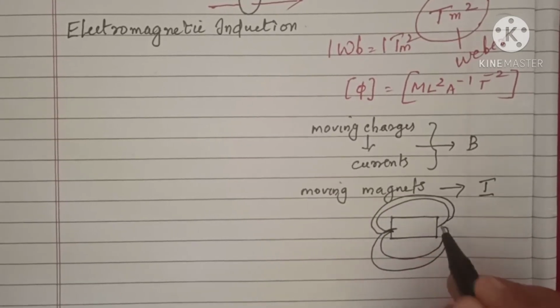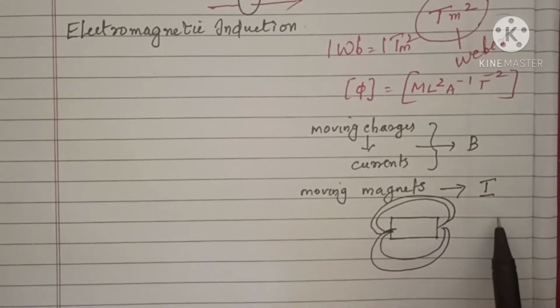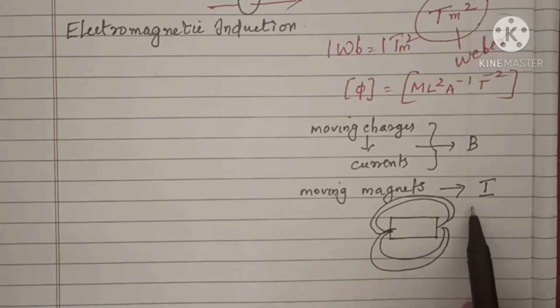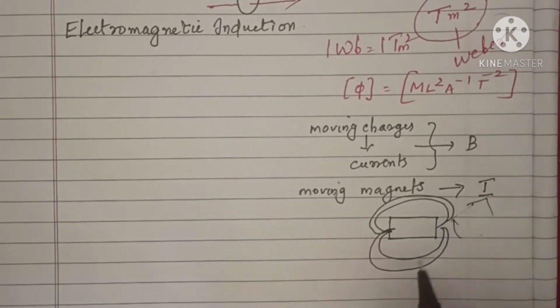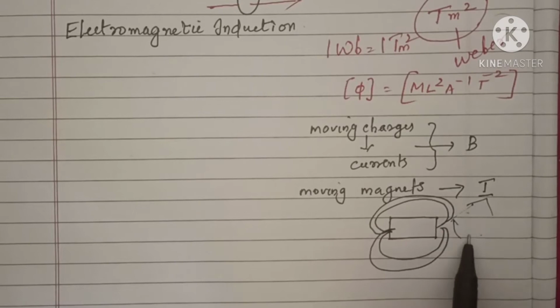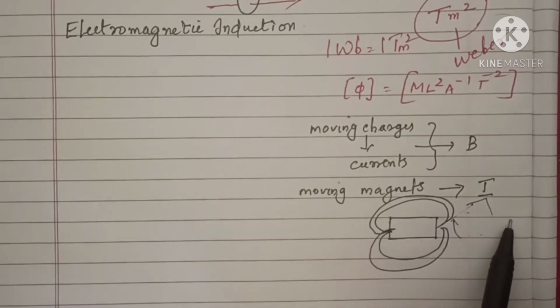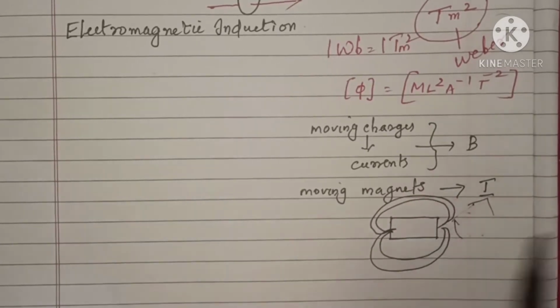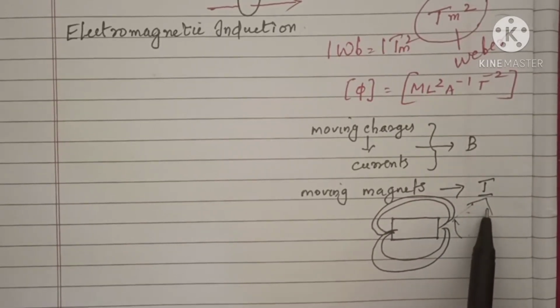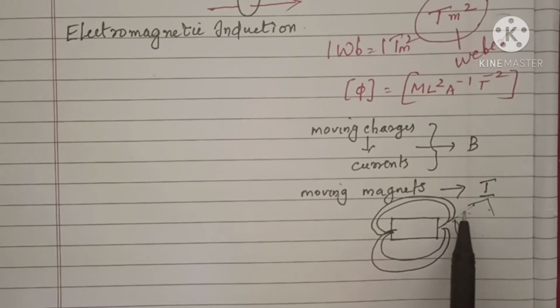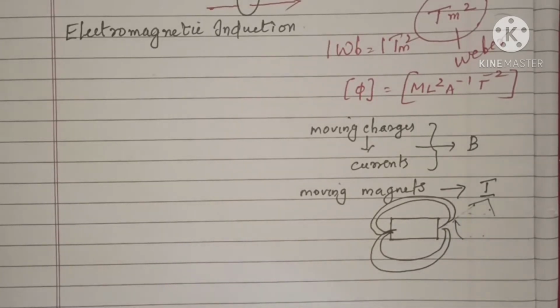Consider a particular area; the lines of force will pass through it. The lines of force crossing a surface is known as flux.